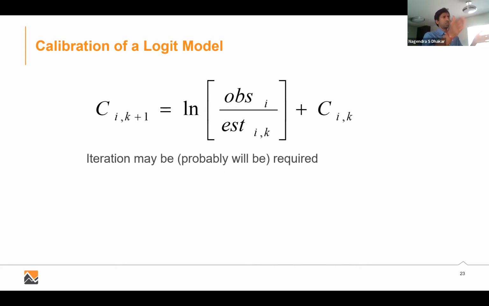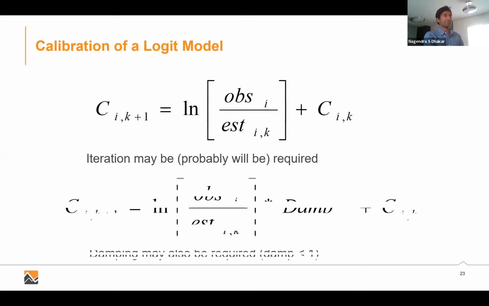So if you put that into an equation, the natural log of the ratio between observed and estimated value is added on top of the existing constant you have in your utility equation or in your coefficient files.